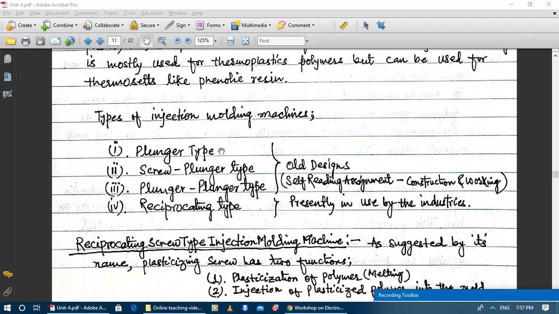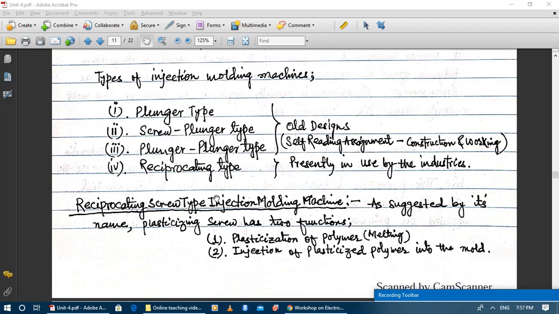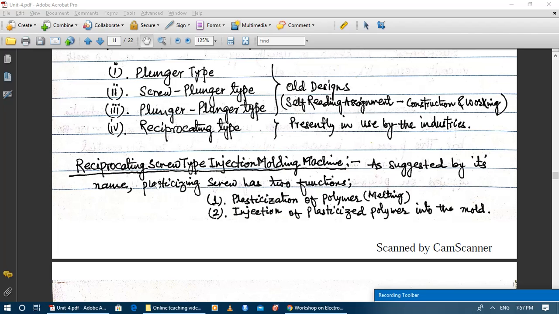So the first three are the old design, and you can read the working and construction of plunger, screw plunger, and screw plunger type injection molding machine as a self-reading assignment. And we have already explained the reciprocating type injection molding machine, and now let us see the detailed explanation of reciprocating screw type injection molding machine.